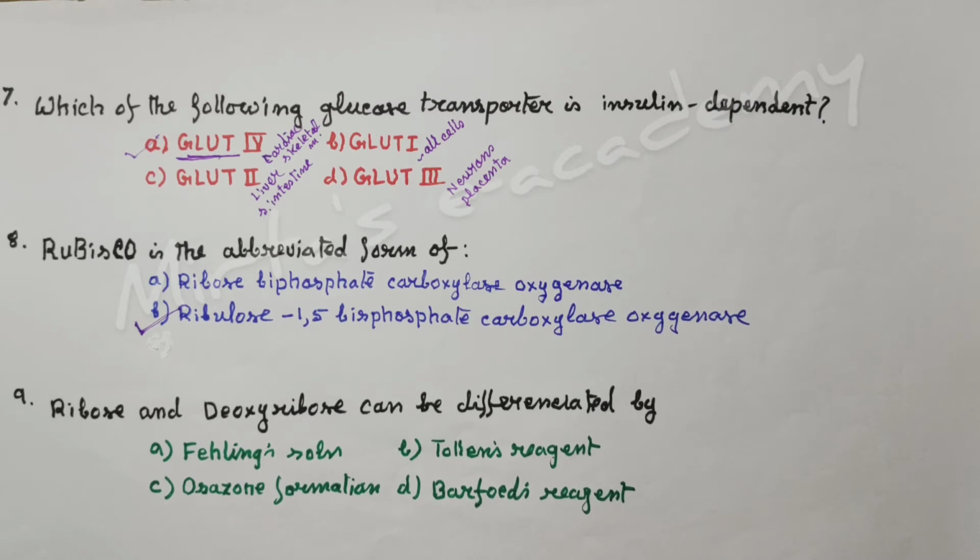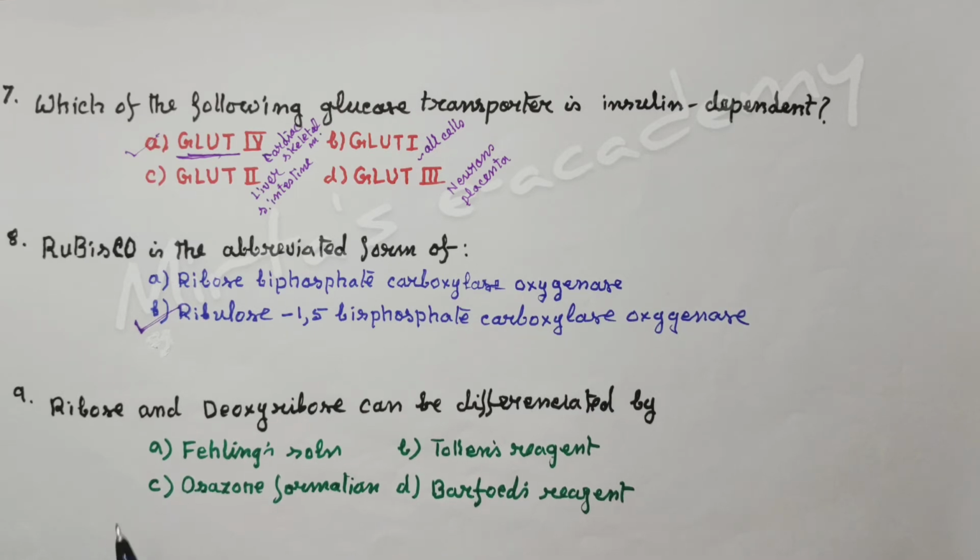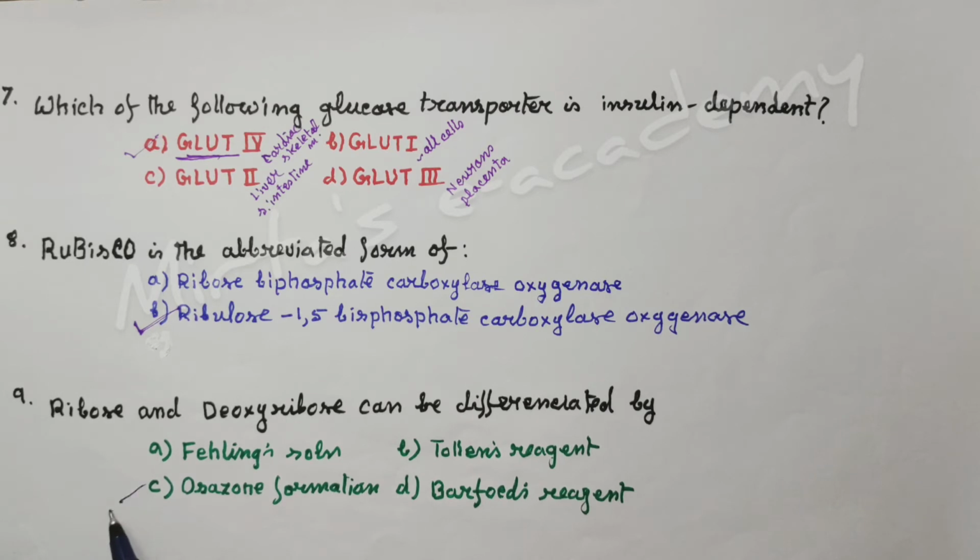Next is, ribose and deoxyribose can be differentiated by Fehling solution, Tollen's reagent, Osazone formation and Barfoed's reagent. And the answer is Osazone formation.